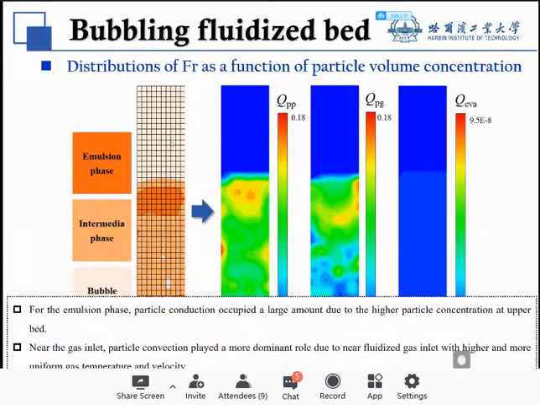For this page, we show the different heat transfer pathways in the bubbling fluid bed. In the second part, we introduced that we consider the heat conduction between particles, heat convection between particles and gas, and water evaporation.